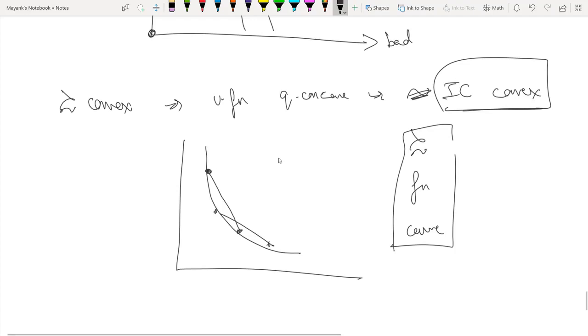The definition holds in any dimension, because our consumption world could be any dimension. It depends on how many goods you are considering to buy. If you are considering 100 goods, then your consumption bundle belongs to R to the power 100. So the definitions that we study should hold for any dimension.